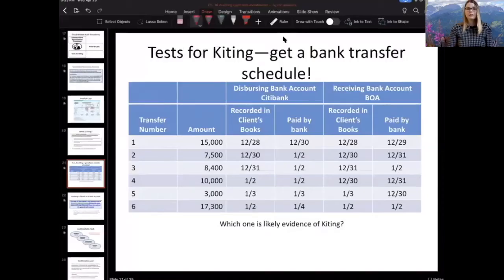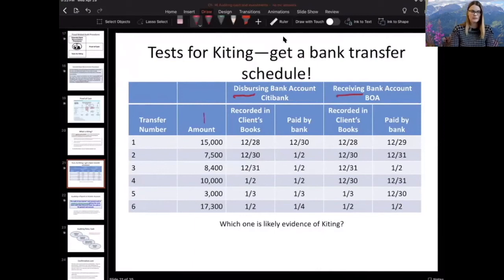Okay, so theoretically, the best way to test for kiting as an auditor is to create what's called a bank transfer schedule, which basically shows all the transfers that happen between the company's bank accounts around period end. So here is an example of a bank transfer schedule on this slide. You can see we have the disbursing bank account here, we have the receiving bank account here.